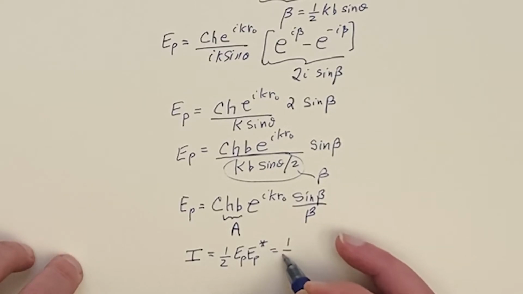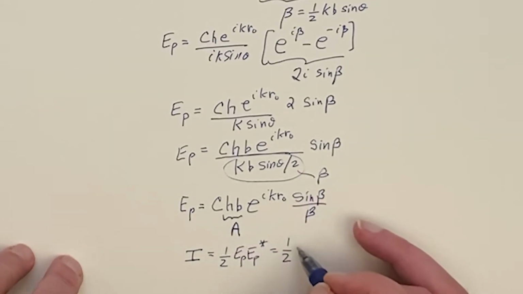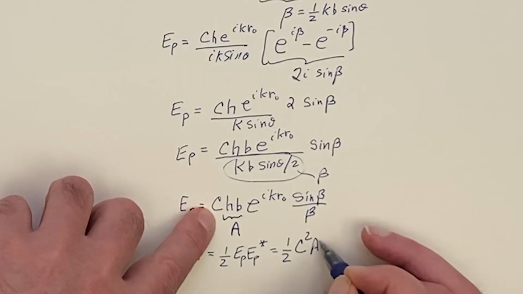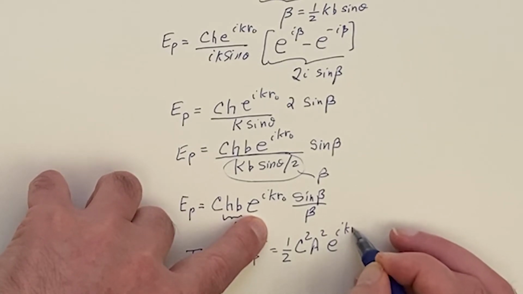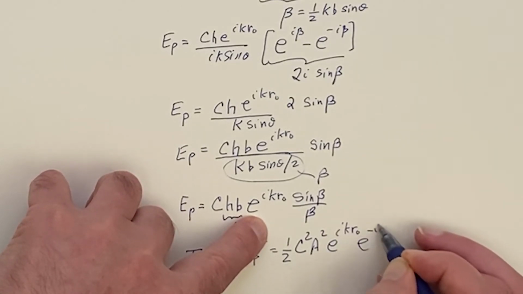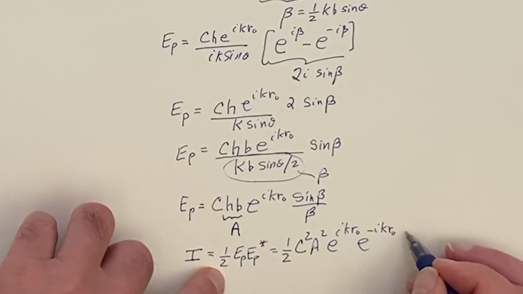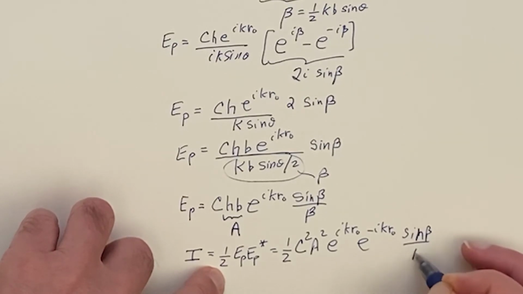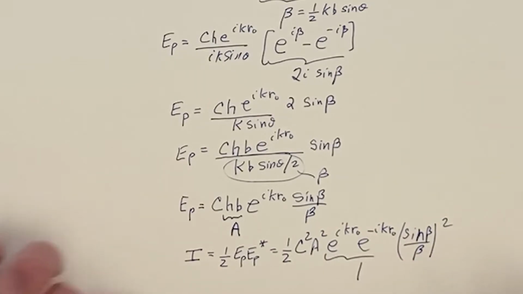So this is 1/2, and when you do this you're going to get a C squared and A squared, but then this e to the i k r naught will have a minus sign because of the star, but all the real parts get squared, and this becomes 1.